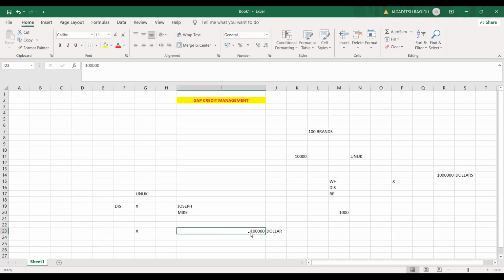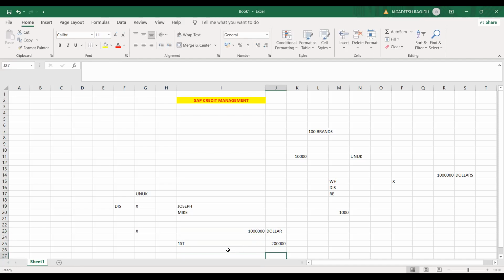Anytime, how many sales orders can you raise? Let's take an example. He raised the first sales order and consumed 2 lakhs. Let me add one more zero to make the credit limit 10 lakh.